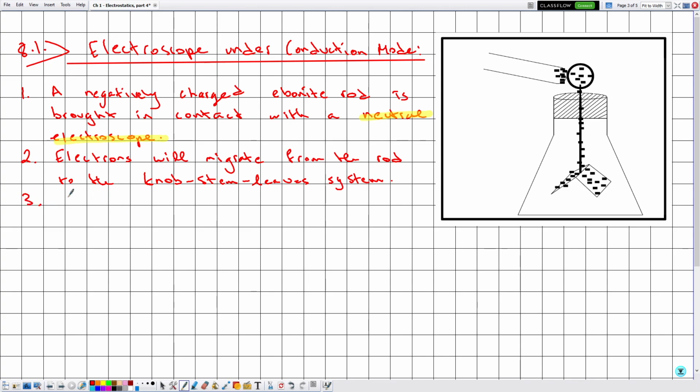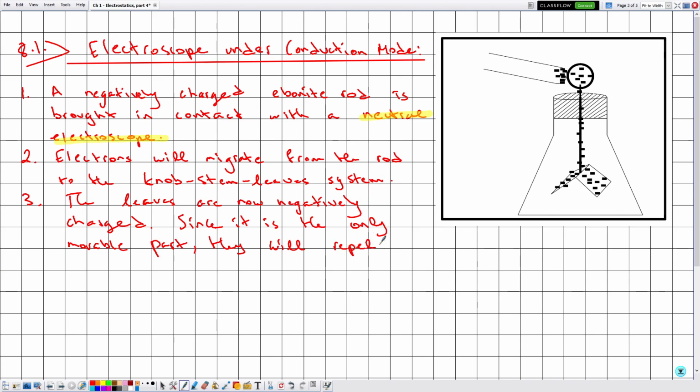Now number 3, the leaves are now negatively charged, and since they are the only movable part, they will repel, keeping the same divergence.